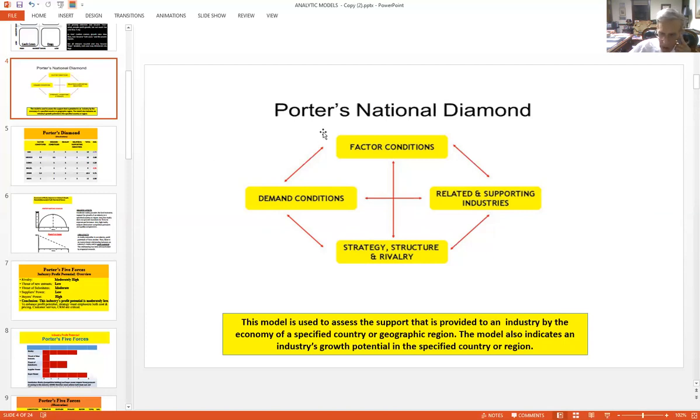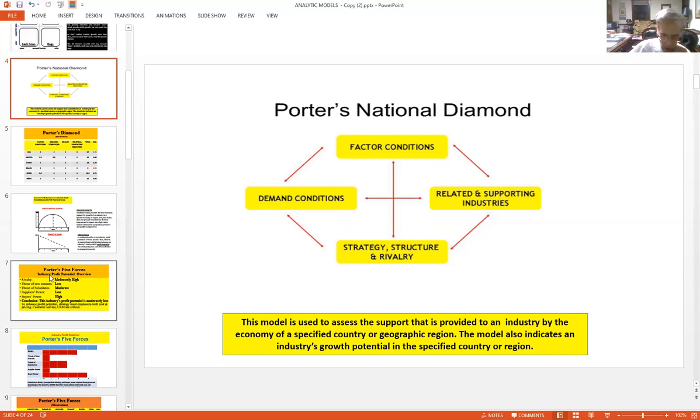You know, the national diamond is a device that lets us know how well equipped a country is to support the growth of an industry.